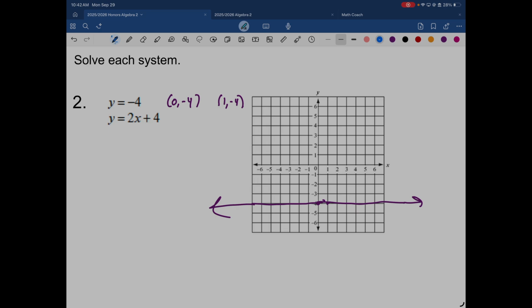The second one, the y-intercept is 0, 4. It's my b value. My slope is 2 over 1. So that means I'm up 2 over 1 or down 2 over 1.